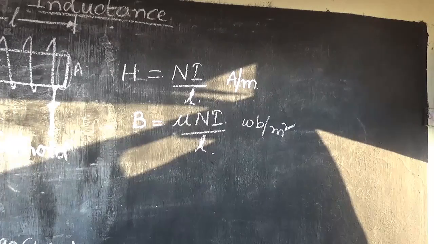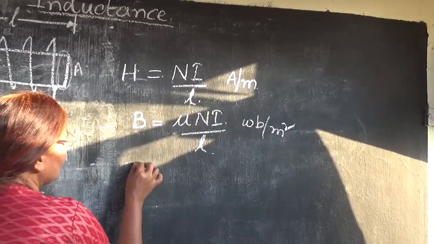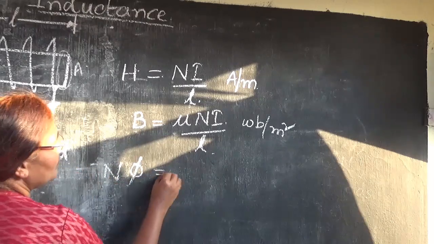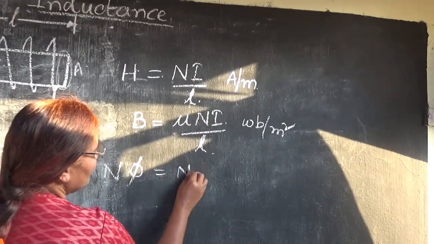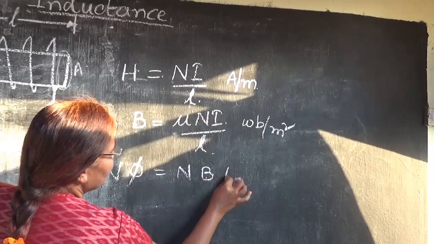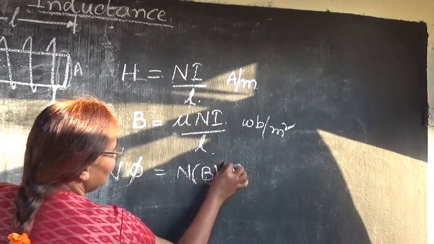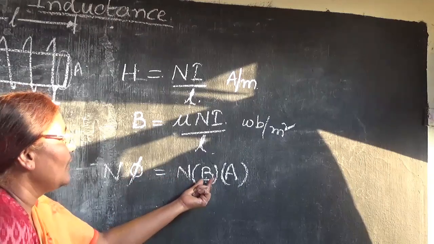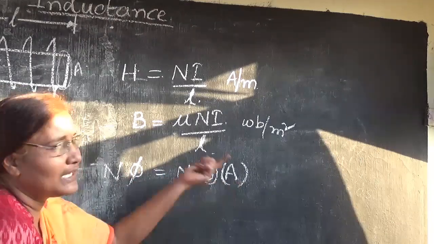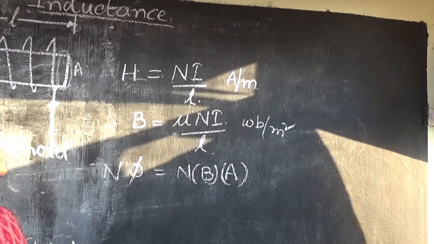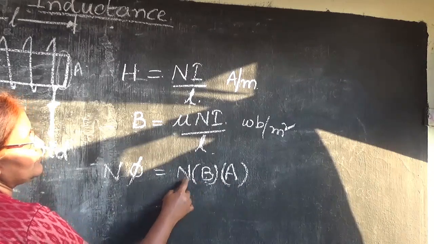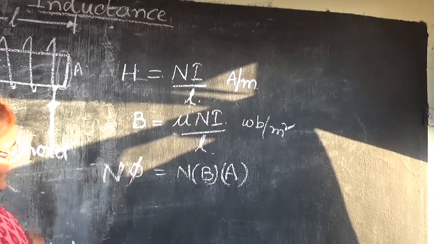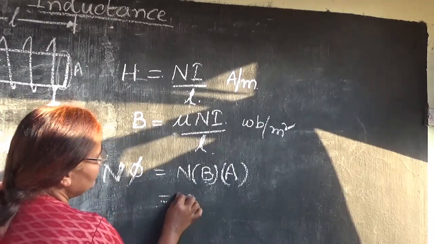Now, what is phi? Flux linkage N phi is going to be N into B into A. Phi is equal to flux density into area. So N into B into A will be your total flux linkage N phi. What is N?